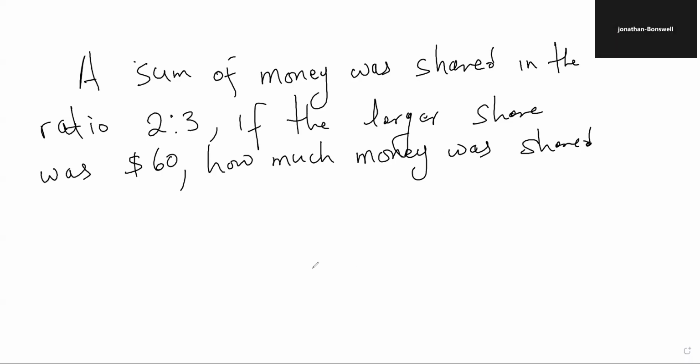Sir, it says a sum of money was shared in the ratio 2 to 3. If the larger share was $60, how much money was shared? Sir, it did not say to find the smallest share, but it means to find the total money that was shared between the ratio 2 to 3.